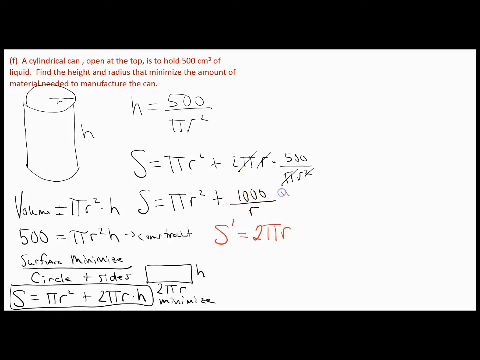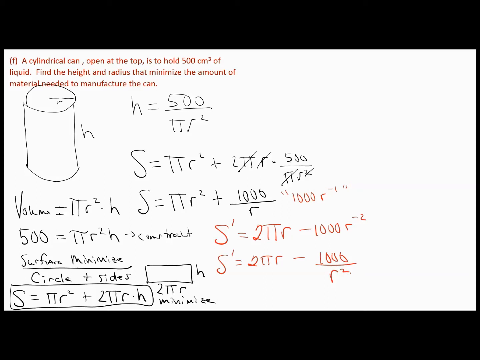Now, what you might want to do is think about that as 1,000 times r to the negative 1. That's really what's going on there. So that's going to be negative 1,000 r to the negative 2 power. If I rewrite that in a simpler form, that's 2 pi r minus 1,000 over r squared.